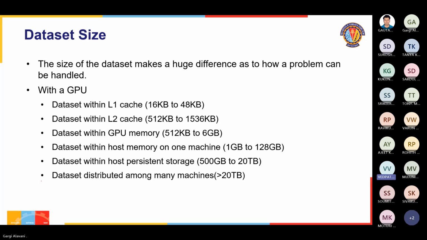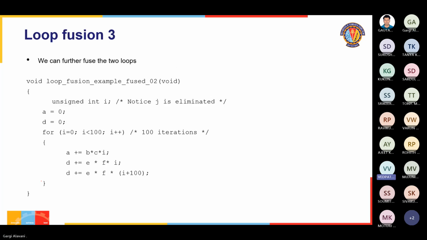Ma'am, one question on the prior slide. The two lanes which are computing D: for the first portion we are seeing E, F, I, and for the second portion we are seeing E, F, I plus 100. So we are taking care of two indexes in one go as part of one loop. But here, the computation of D is on the middle line, and the same variable is getting updated on the next line.